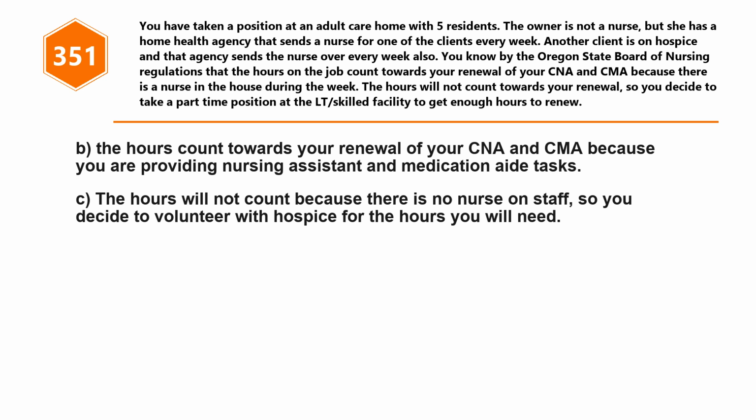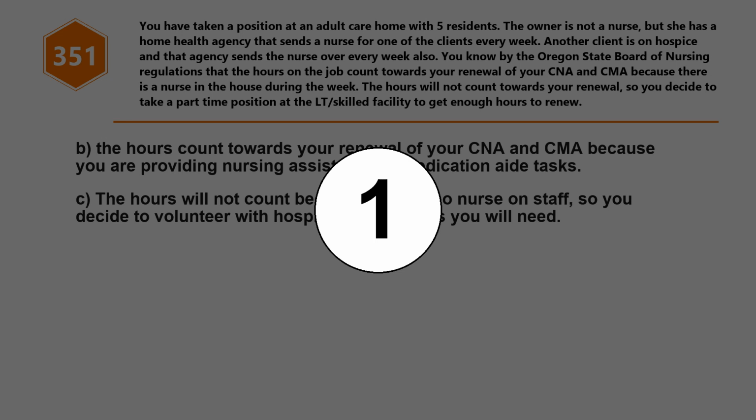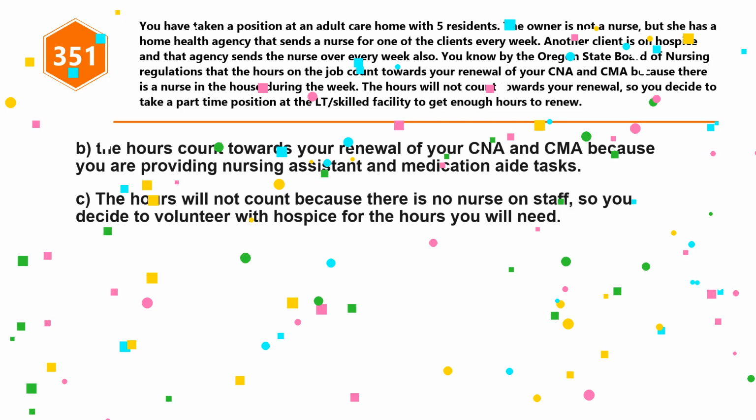Option B, the hours will not count towards your renewal, so you decide to take a part-time position at the LT/skilled facility to get enough hours to renew. Option C, the hours count towards your renewal of your CNA and CMA because you are providing nursing assistant and medication aide tasks. Option D, the hours will not count because there is no nurse on staff, so you decide to volunteer with hospice for the hours you will need. The correct answer is option D.